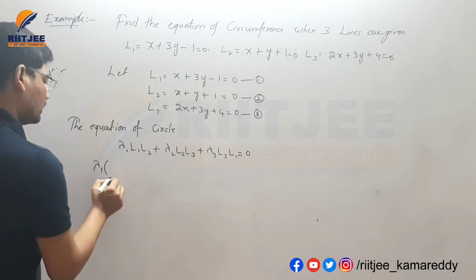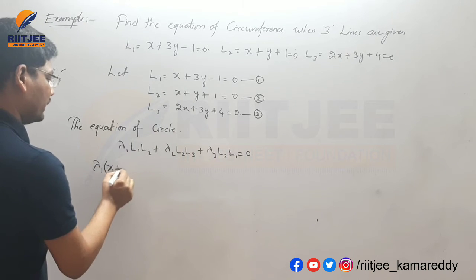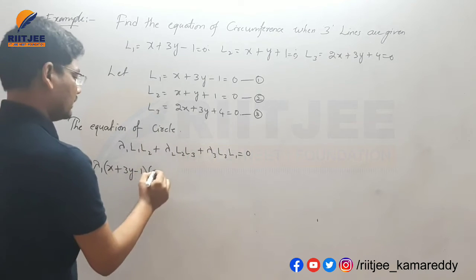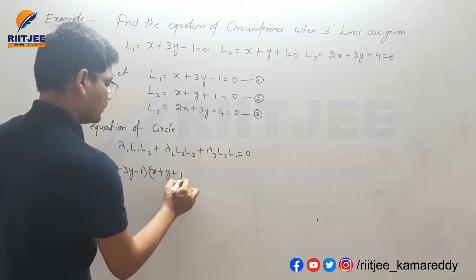Lambda 1 into (x plus 3y minus 1) into L2, which is (x plus y plus 1).